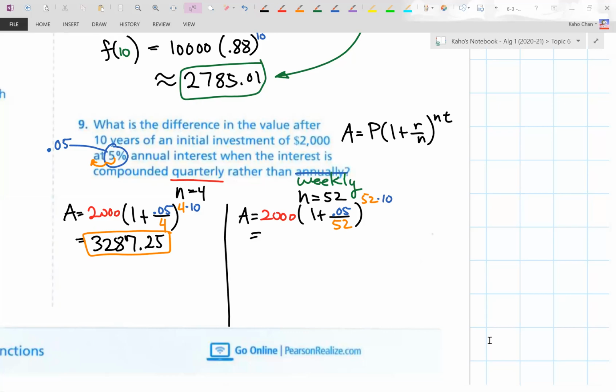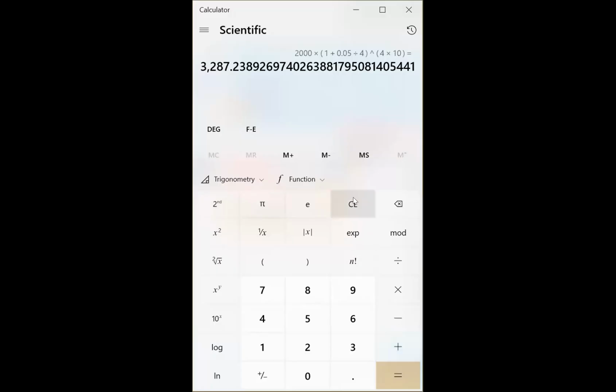Thanks for hanging in there. Good job. All right, last problem, $2,000 times 1 plus 0.05 divided by 52 this time, to the power of 52 times 10. This is going to be a lot of money.